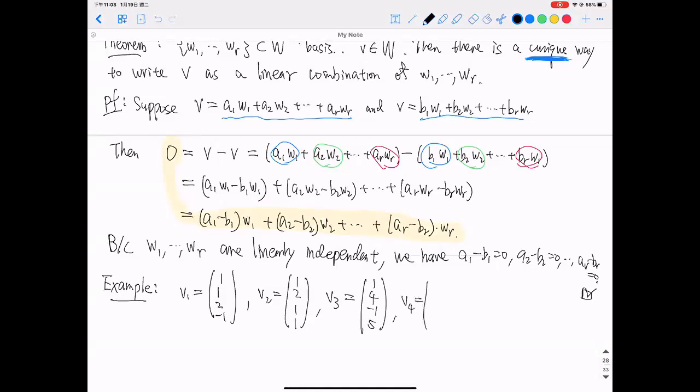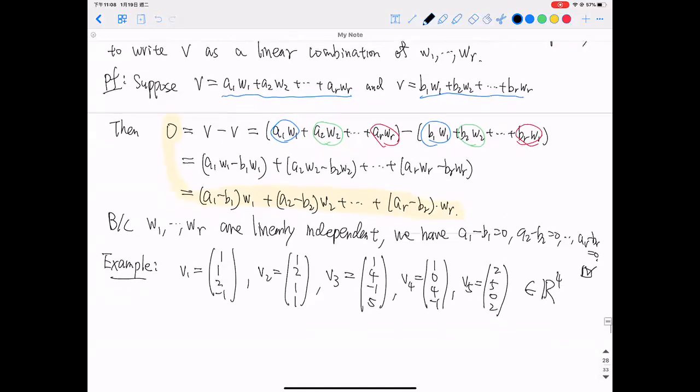V4 is 1, 0, 4, minus 1. And V5 is 2, 5, 0, 2. Okay, these are all vectors in R4.